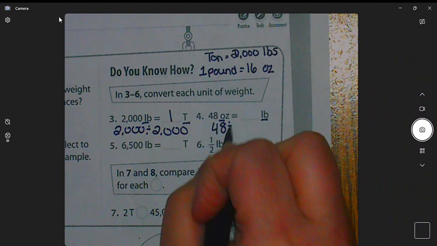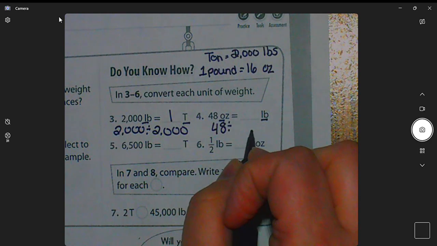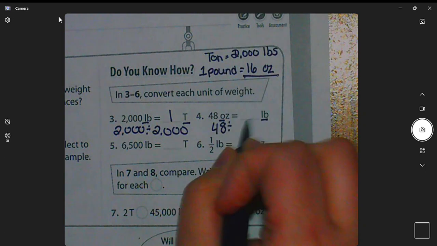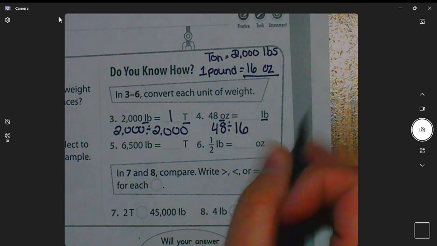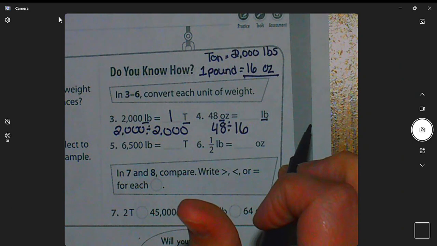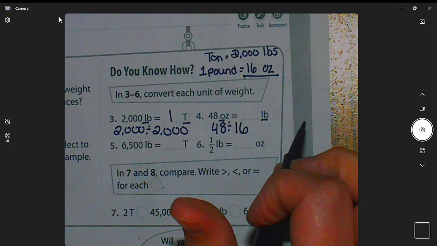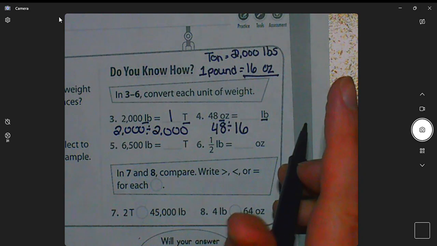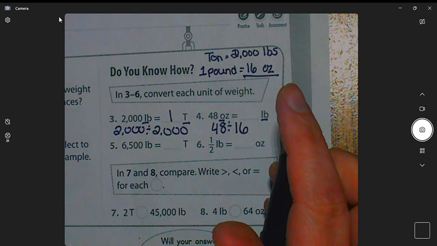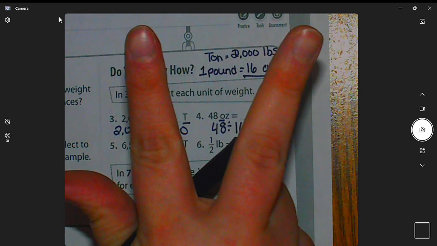How many ounces does it take to make a pound? Yes, 16. So I'm going to count by 16s. 16 plus 16. Yeah, it's 32. 32 plus 16. Yep. So my answer is 3.